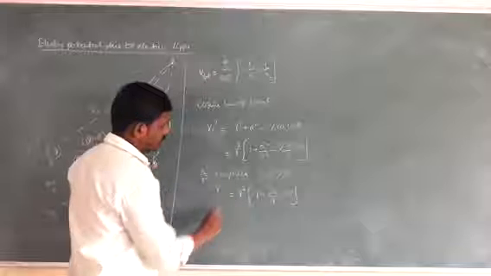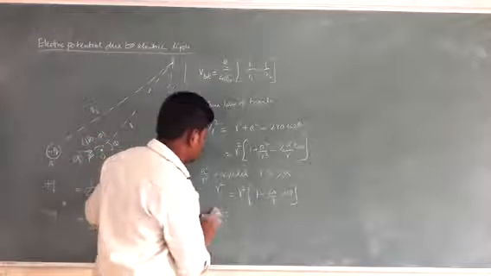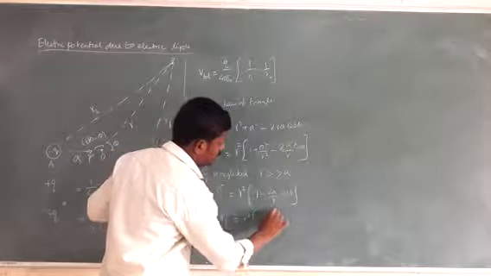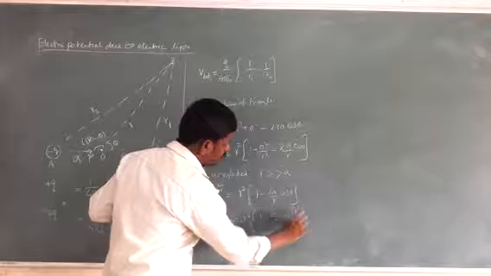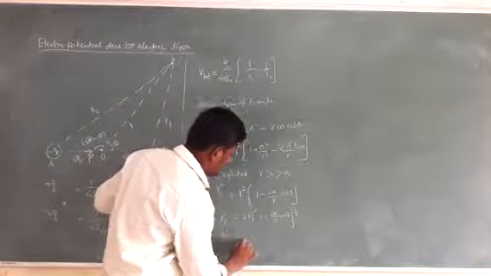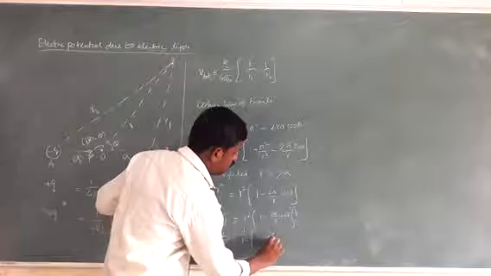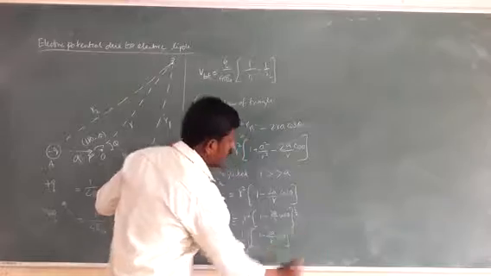It's r1 squared. So 1 by r1, we can write r1 as r squared times 1 minus 2a by r cos theta, power 1 by 2. So 1 by r1 is equal to 1 by r times 1 minus 2a by r cos theta, power minus 1 by 2.